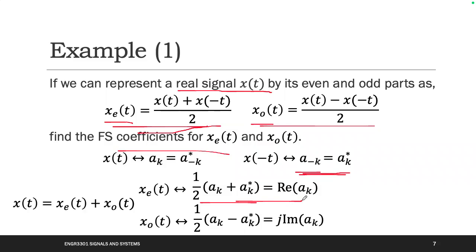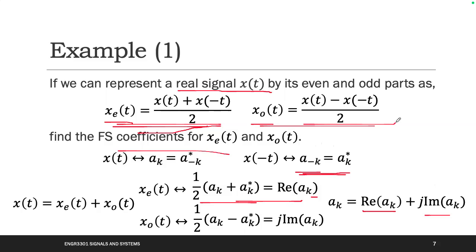So we know x(t), any signal, can be divided into two different parts, the even part and the odd part. We have already learned this in chapter 1. And you can see a_k also can be divided into two different parts, the real part and the imaginary part. The real part is just the FS coefficient for the even signal, and the imaginary part is just the FS coefficient for the odd part.